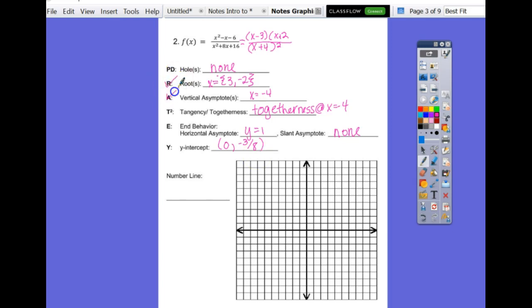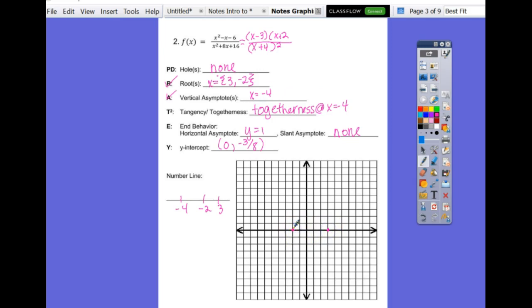So the roots go on the number line. So I'm going to have -4, -2, and +3. So we're going to start and put all this stuff on the graph now. So my roots are 3 and -2.